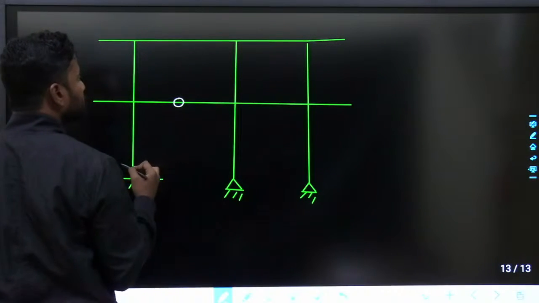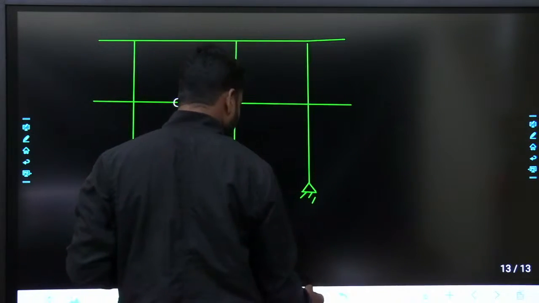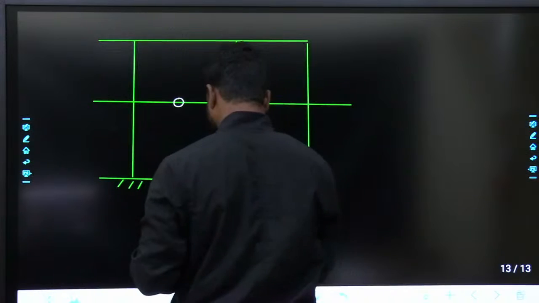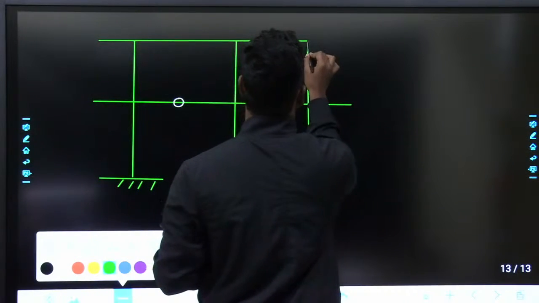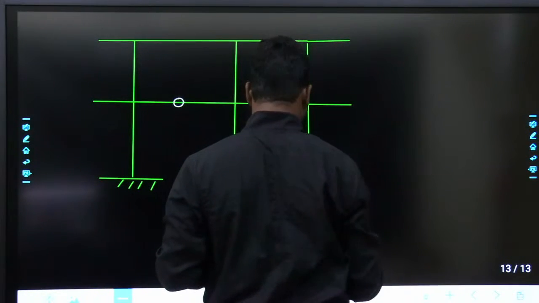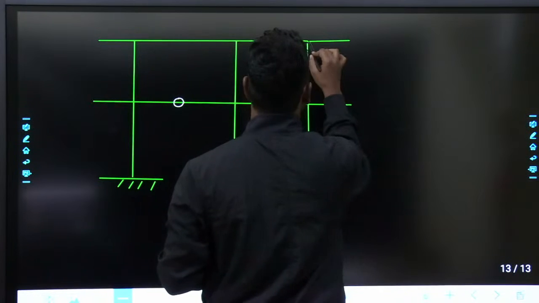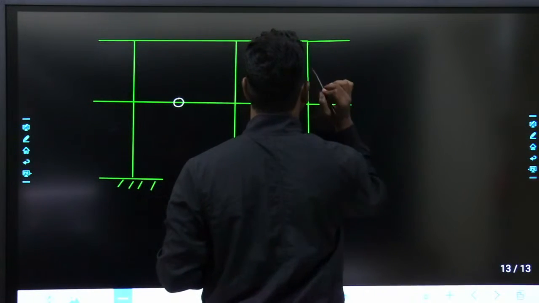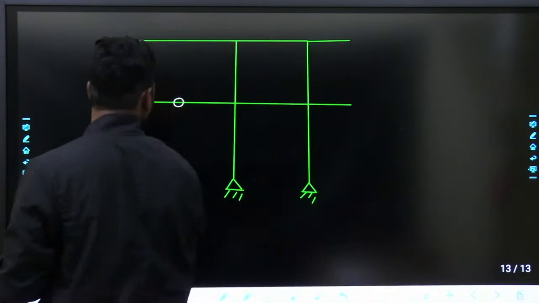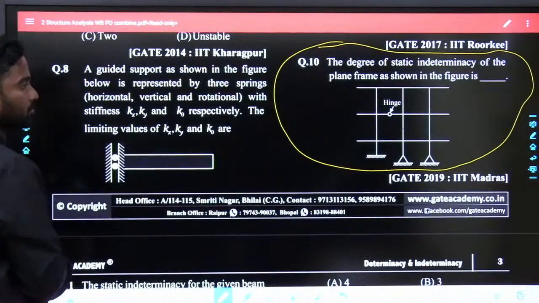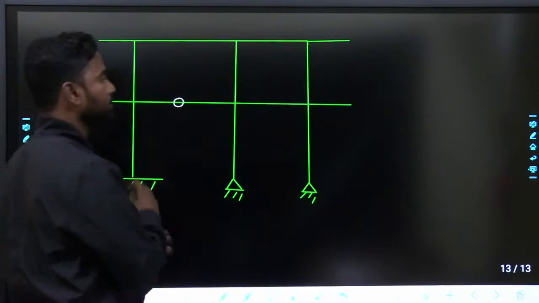See where the hinge is provided, okay? You don't have to rush. Think and do it. He is asking static indeterminacy, which means overall indeterminacy. That is the meaning of it. He is not asking external or internal indeterminacy. He is asking overall indeterminacy of the frame. This is the frame. The hinge is given something like this.